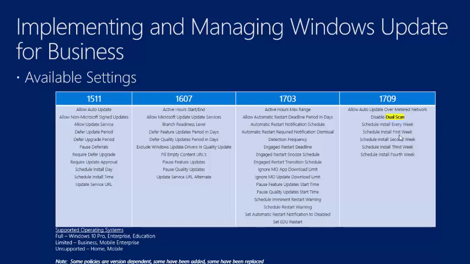And really what that means is we basically revamped that setting for use in a 16.07, 17.03, 17.09 environment. A few of those settings right there with 15.11 are specific just to 15.11. And then on the right for 17.09, there's the dual scan that I've highlighted. I've highlighted that because it's really important to understand dual scan, and because we'll talk about dual scan near the end of the presentation. I want to talk to you about how that works.